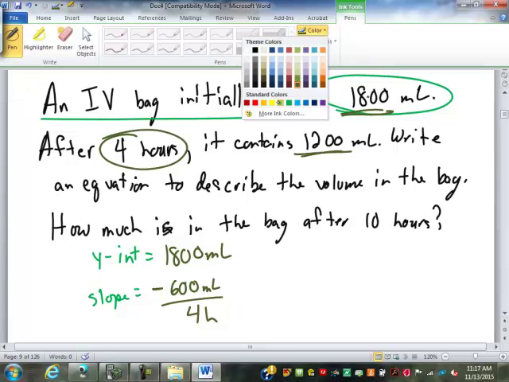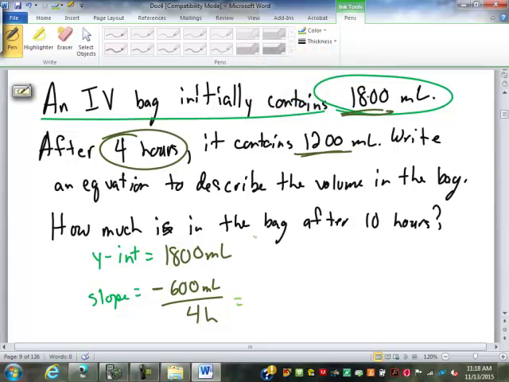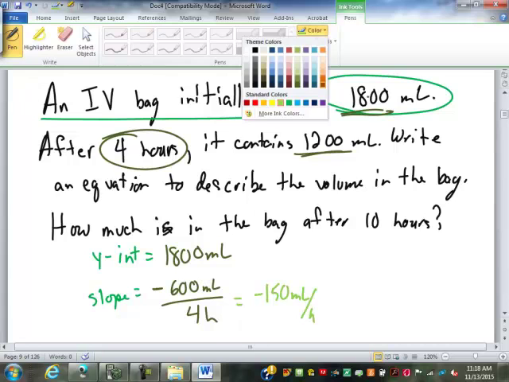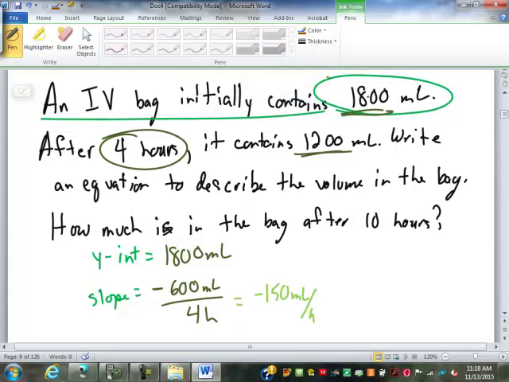So that can be divided out to be a negative 150 milliliters per hour. The other way we could have done that is we could have gone through the points. At time 0, at 0 hours, it was 1,800 milliliters. At 4 hours, it was 1,200 milliliters. And we could have done the 1,200 minus 1,800 is negative 600. 4 minus 0 is 4.